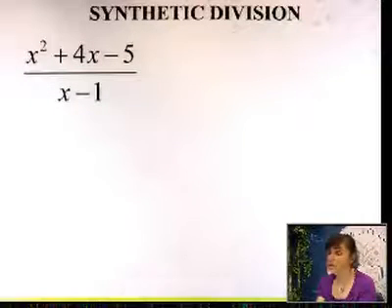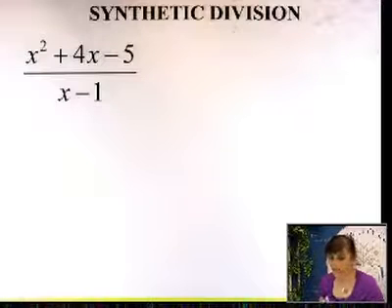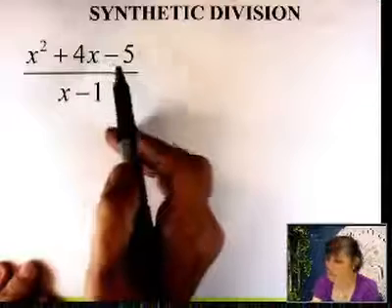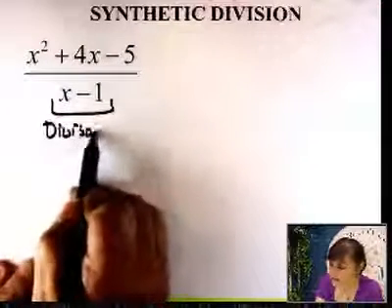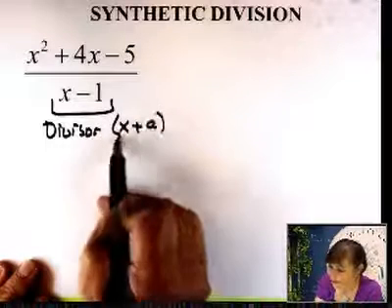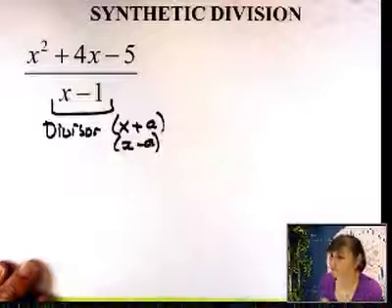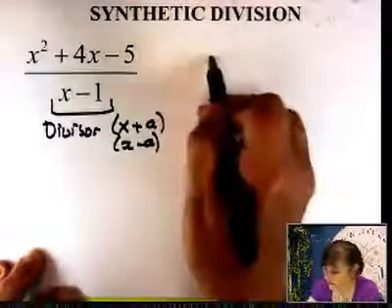Now I'm going to show you something that may or may not be in your book, synthetic division. This is kind of a shortcut, and it only works when your divisor is in the form of x plus a number or x minus a number. So don't use it for anything else but that. This is how you do it.